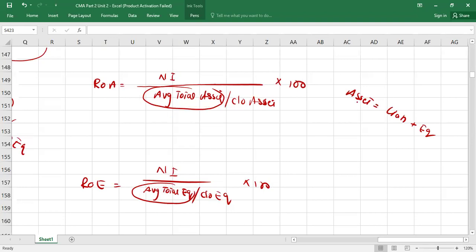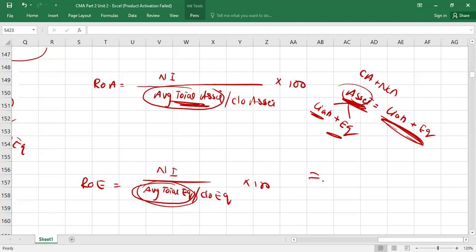In this ratio, I'm using the asset value. It means assets include both things, liabilities plus equity. Usually we say assets are current assets plus non-current assets. That is true. But assets should equal liabilities plus equity, so assets include liability values and equity values. But if you think about this denominator, it's only equity.